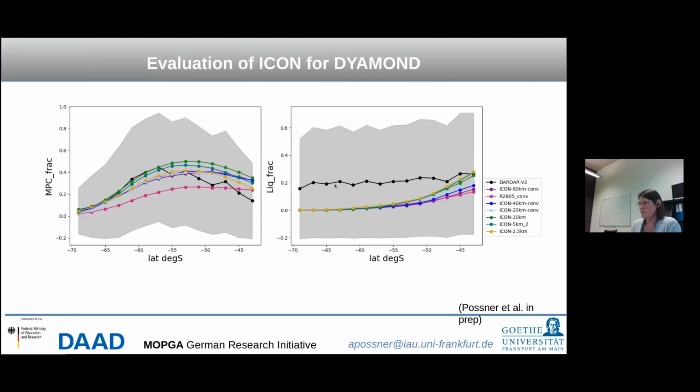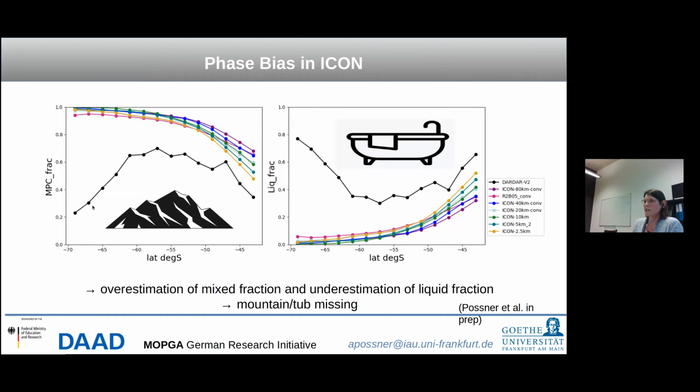Part of the behavior that we see here is due to the fact that we see no clouds or glaciated clouds in this region of the world, which shows this drop off in mixed phase fraction.